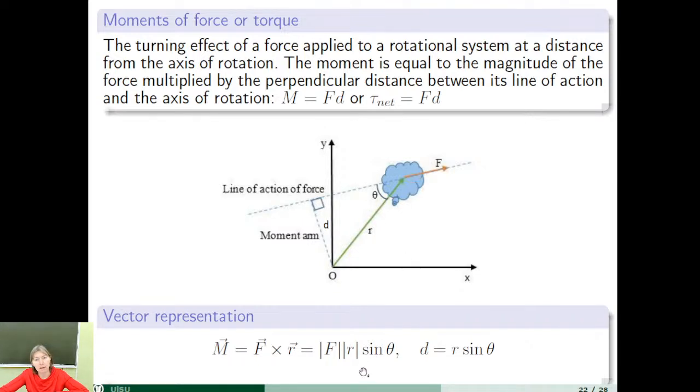It's the angle between the force and the radius vector, and d is the moment arm, and d is equal to r sin theta.